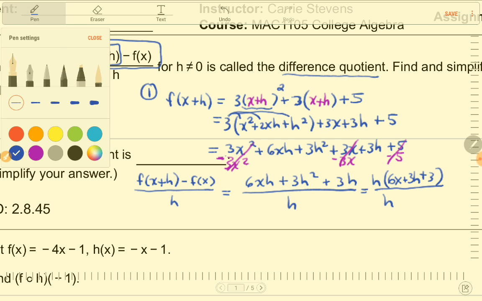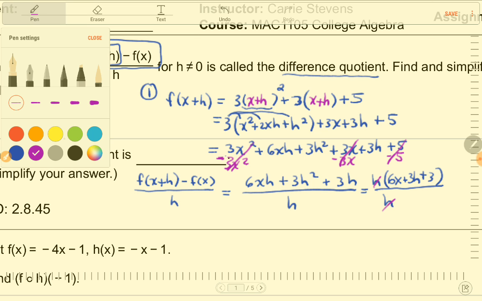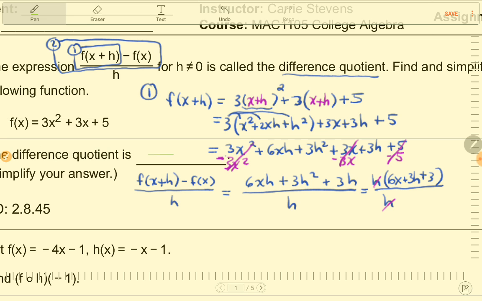And that little h will cancel. And so my final result is 6x plus 3h plus 3. That is my difference quotient, and I'm finished with the problem now. That's it.